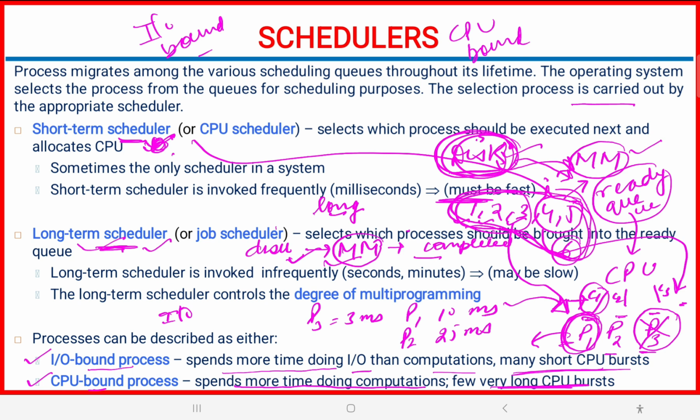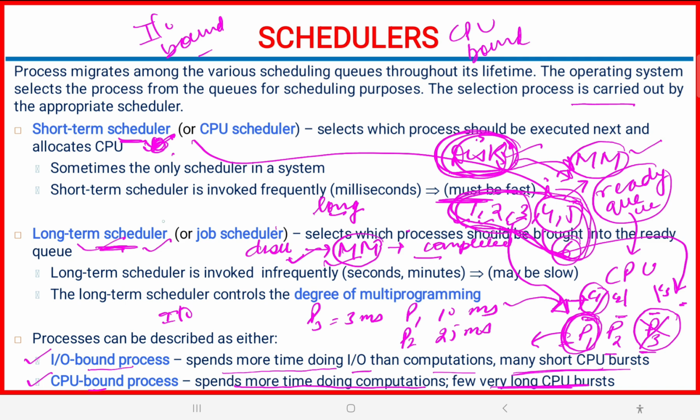The CPU in that case will stay idle, and the short-term scheduler will also be doing nothing. On the other hand, if mainly the processes are CPU bound, then the IO waiting queues will be empty most of the time and the devices will remain unused. So to have optimal performance from the system, we need a good process mix inside the ready queue or inside the main memory.